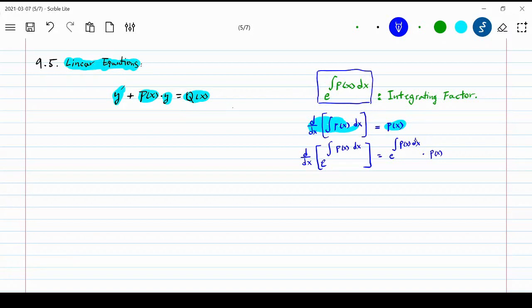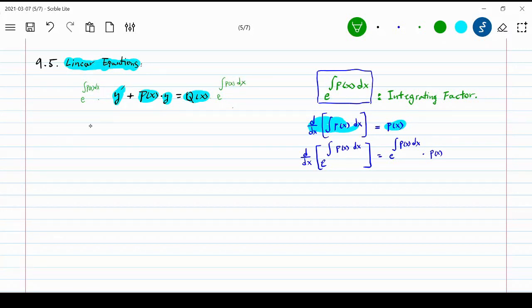So why do we have this integrating factor? If you look at the linear equation and multiply it on both sides by e to the power integral of p of x dx, what do I get on the left side?